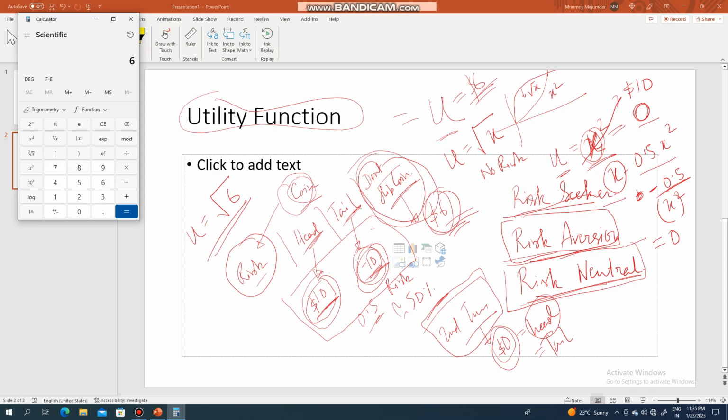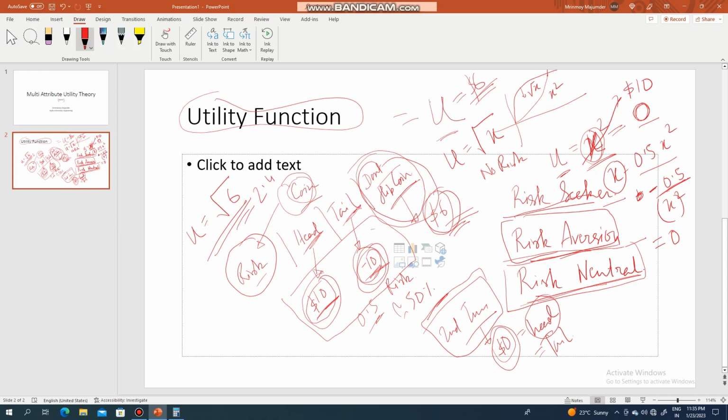Root 6 is 2.449. So you can say that this is 2.4494, which means 2.4. Okay, the actual amount is $6, but as you are not taking risk, the utility function of this is 2.44.